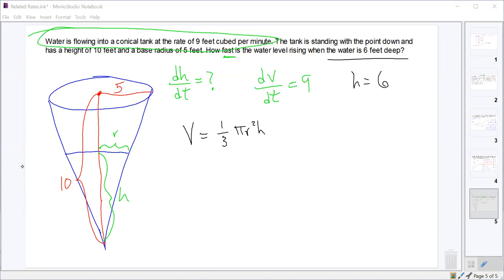If I take a derivative of both sides, I'm going to end up with a dr/dt and a dh/dt. I'm looking for dh/dt, and I'm given dV/dt, but not dr/dt at all. So we want to write this all in terms of h. Is there a way we can relate h to r?